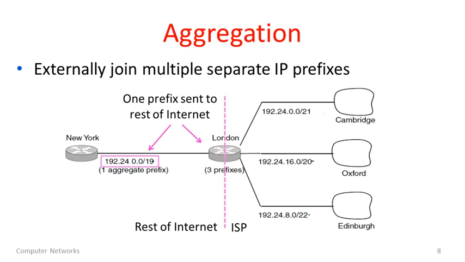And here's an example of the flip side. I might have three different universities here, Cambridge, Oxford and Edinburgh, with a /21, a /20 and a /22. It just so happens that these prefixes are chosen from address space which is quite close. It's all related. In fact, it all forms a larger block. I can aggregate those prefixes into a single /19, which is large enough to contain all of the IP addresses in here.